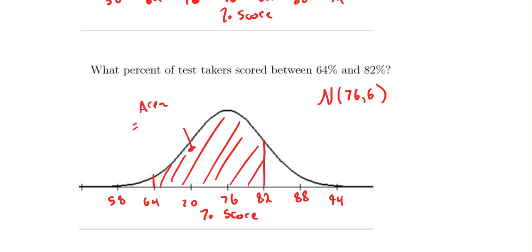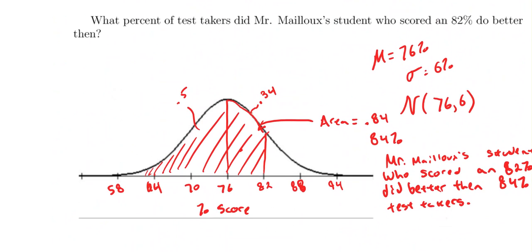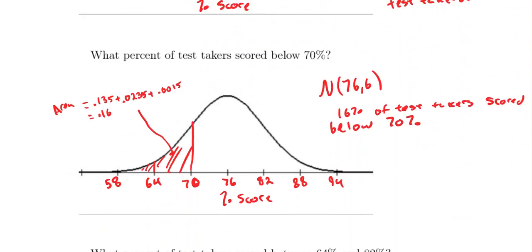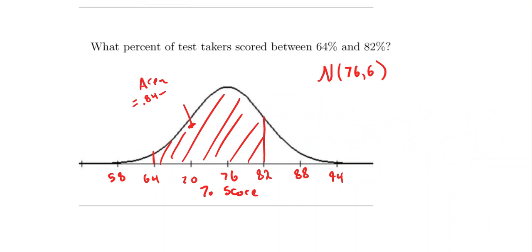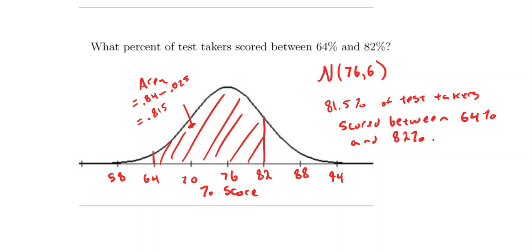And if I do that, I saw that my area to the left of 82 is 0.84 from my earlier question. And I know the area to the left of my lower value here is going to be that 2.35 plus 0.15%, giving me 0.025 to subtract off. And when I do that, I get 0.815 for my area, which means 81.5% of test takers scored between 64 and 82%.